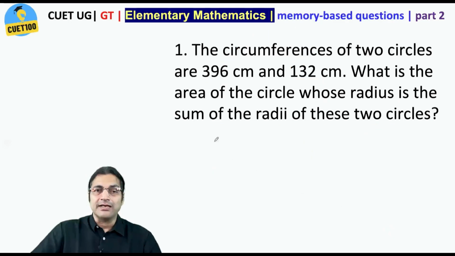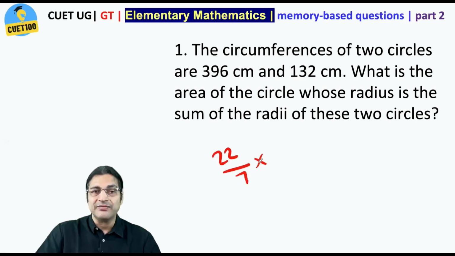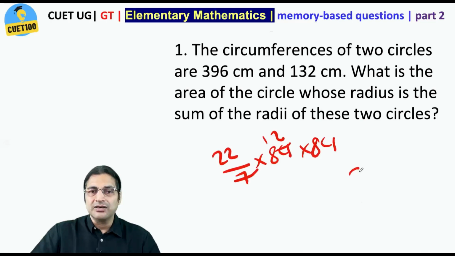So, the area of that biggest circle would be 22 by 7 into 84 into 84, 7 into 12, 84. 22 into 12 would be how much? 220 plus 44, that is 264. So, 264 needs to be multiplied with 84. 264 is 250 plus 14.